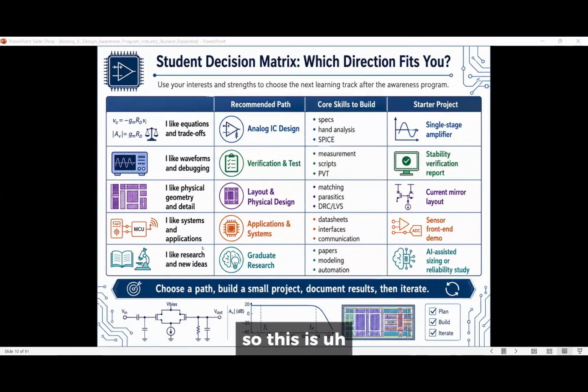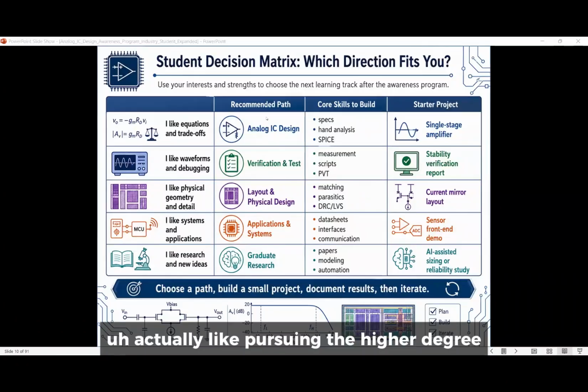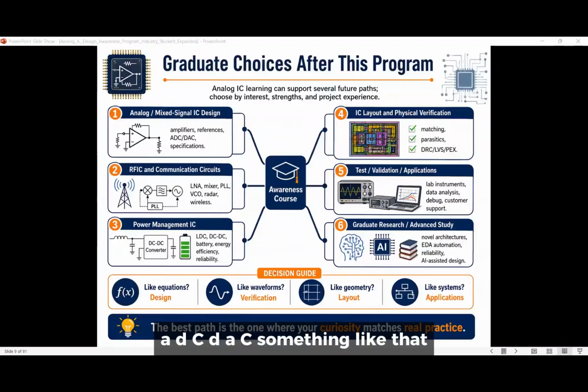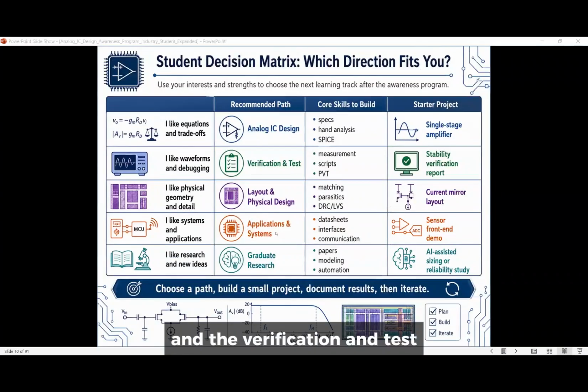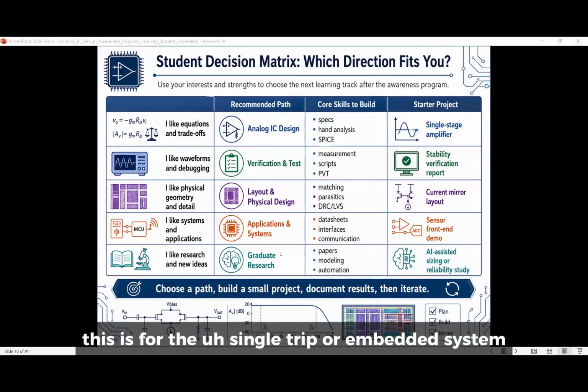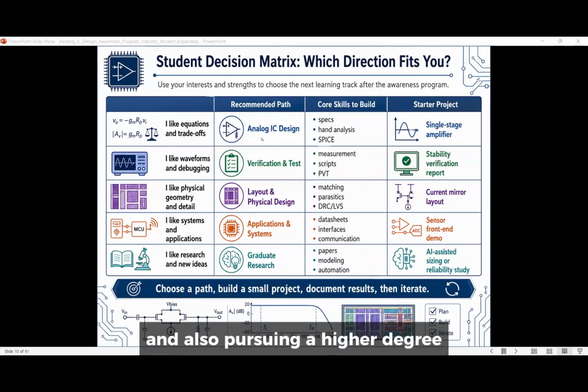This is actually pursuing a higher degree. So what are the recommendations? There are multiple recommendations here. Analog IC design to build an amplifier, ADC, DAC, something like that. Verification and test is testing. This is for layout, this is for the single chip or embedded system, and also pursuing a higher degree.